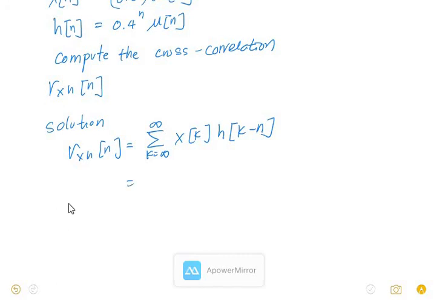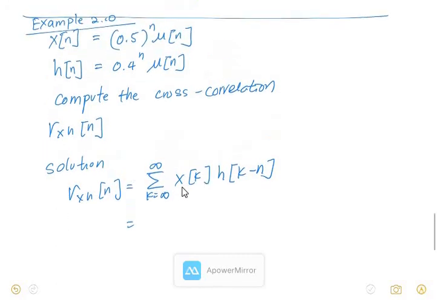Again, for x[k], all the n in x[n] will change to k, so 0.5^k u[k]. For h[k minus n], all the n in h[n] will change to k minus n, and also u[k minus n].